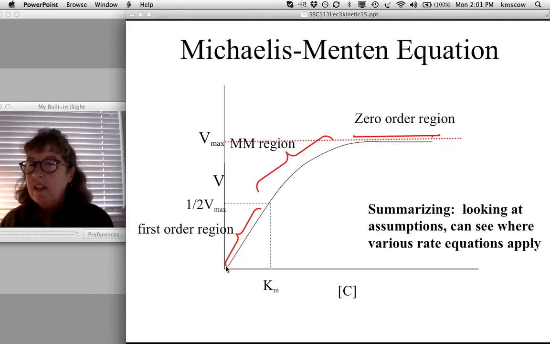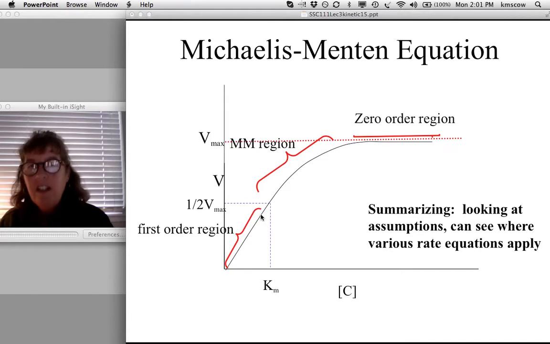You start out with all the substrate, and over time that substrate is utilized and the concentration is less and less. So you can see that your rate declines as the concentration decreases. So in this first order region, the rate is a function of concentration, right? The higher the concentration, the higher the rate is going to be.